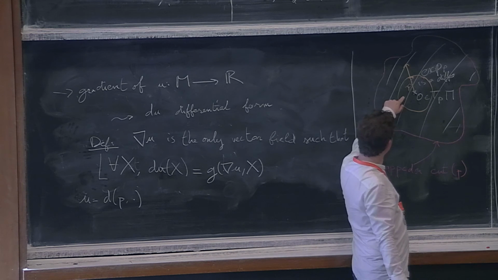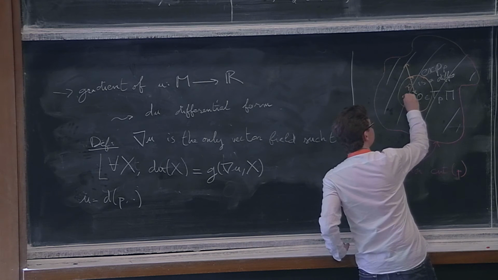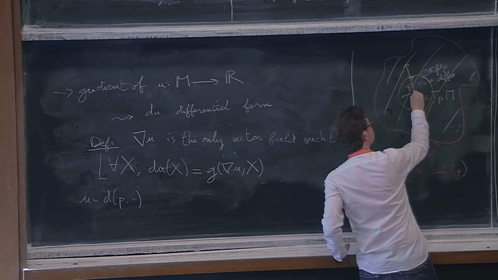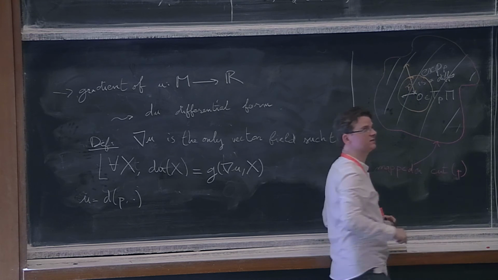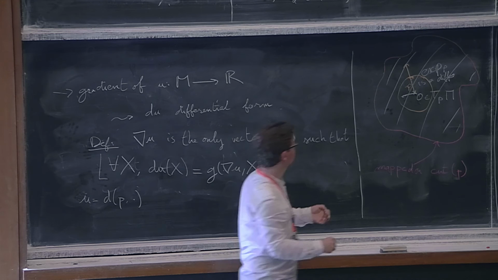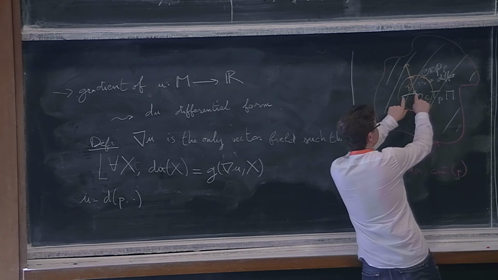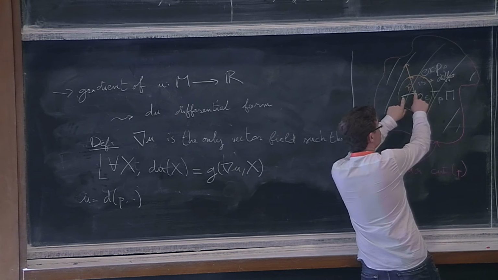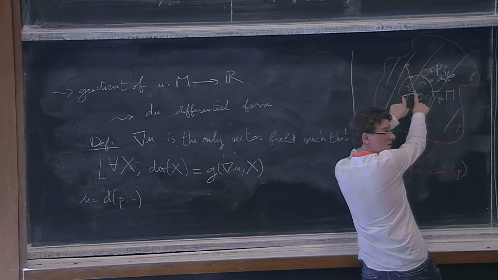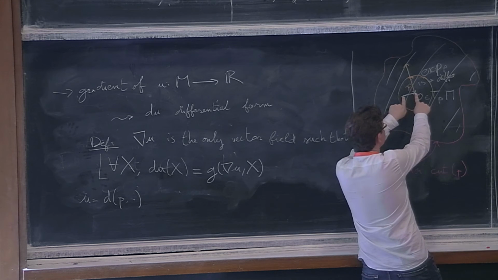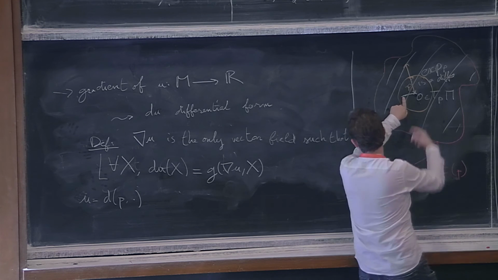By definition, if you take the image by the exponential map of this line, this will be a minimizing geodesic. So the distance from this point to this point will be the length of this geodesic, and so it will actually be the distance in the tangent space.